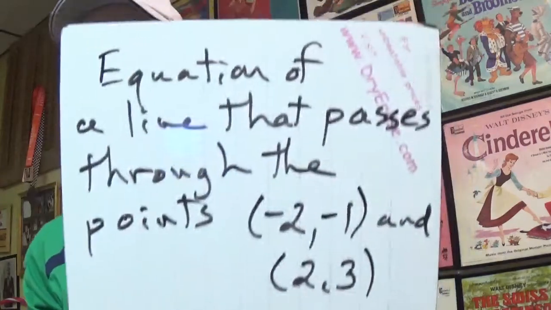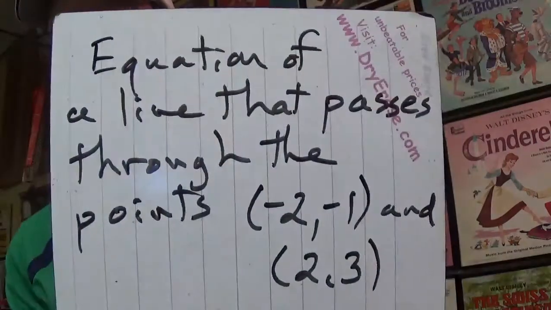Okay, so what if I asked for the equation of a line. I'm trying to write fast so you guys don't fall asleep. That passes through the points -2, -1, and 2, 3.